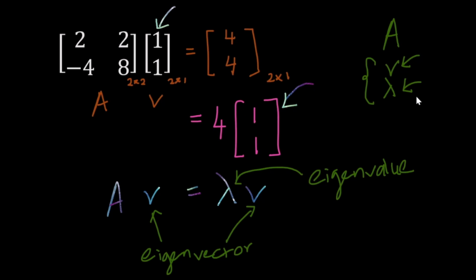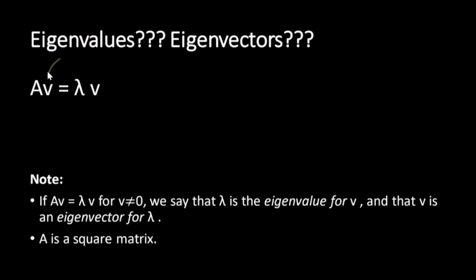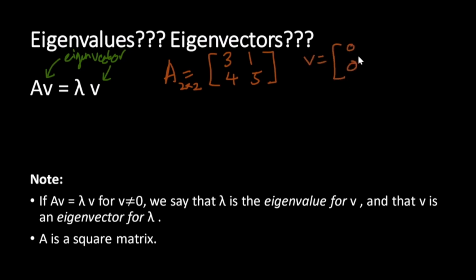So let's start. As I've mentioned before, V is the eigenvector and lambda would be the eigenvalue. Now imagine A as a 2 by 2 matrix, for example, 3, 1, 4, 5. And I take V as 0, 0. Then it actually solves this equation.